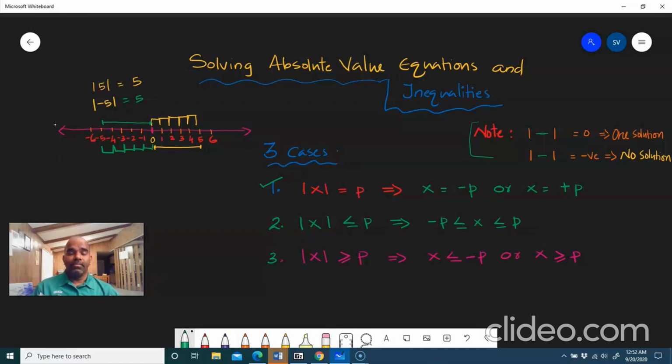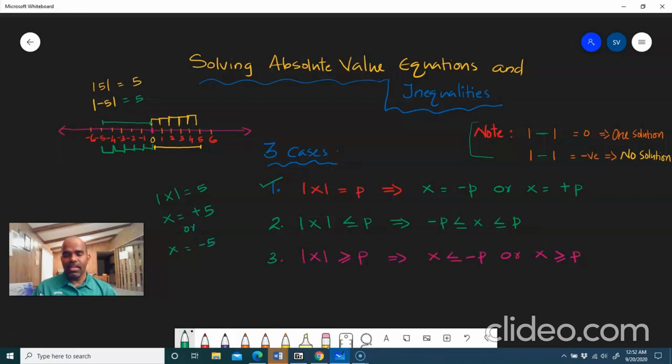If you have an equation, say for example, absolute value of x is equal to 5, you can rewrite that as x is equal to positive 5 or x is equal to negative 5.